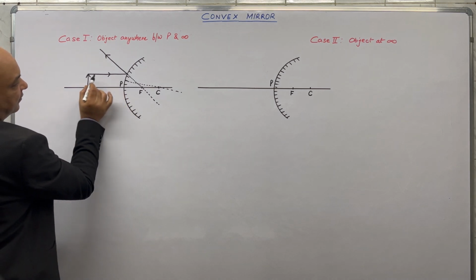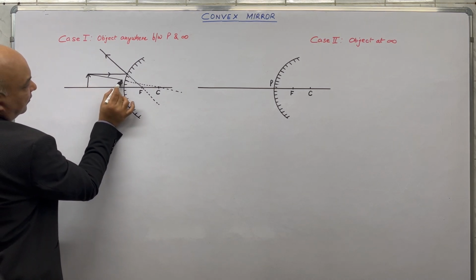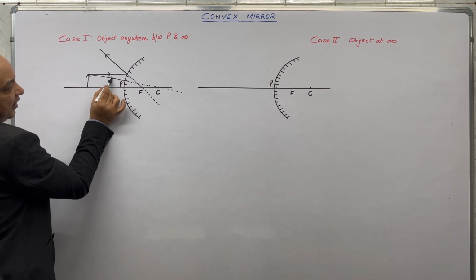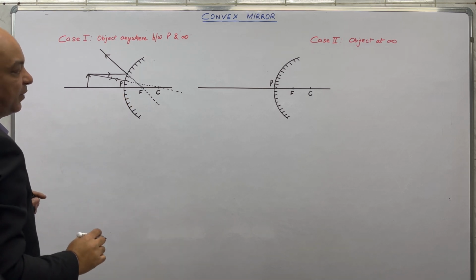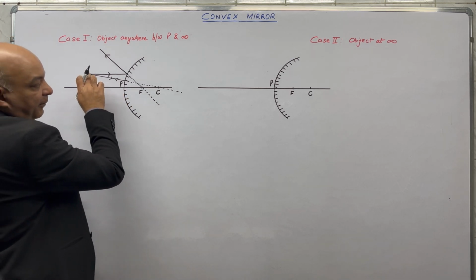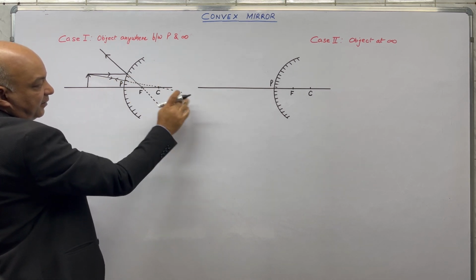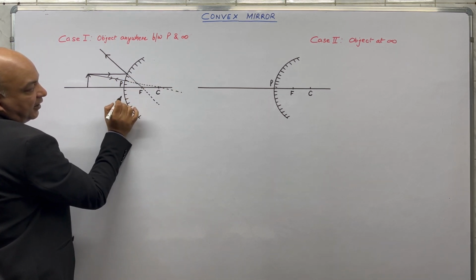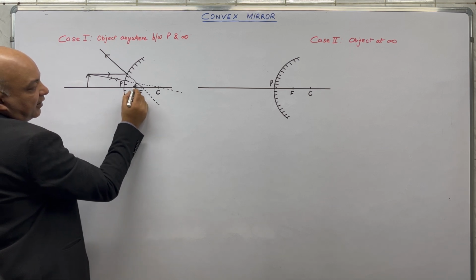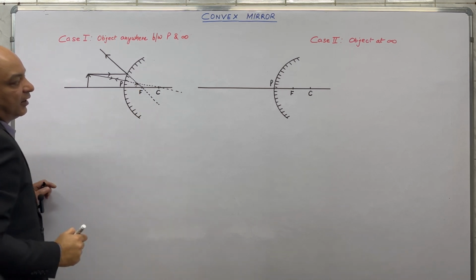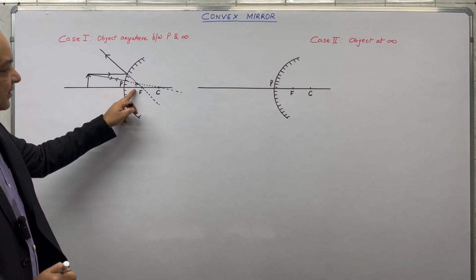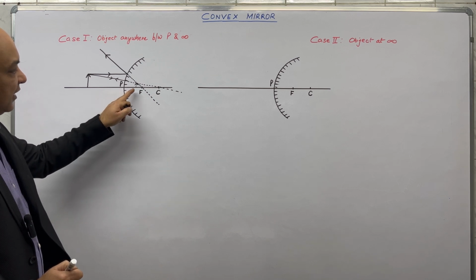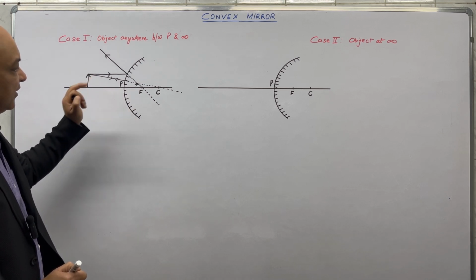Passing through C. So your ray which passes through C or which appears to pass through C, again retraces its path, but when I have extended it back behind the mirror, here the two rays are appearing to meet and your image will be formed here, that is very close to the focus and of size smaller than the object.